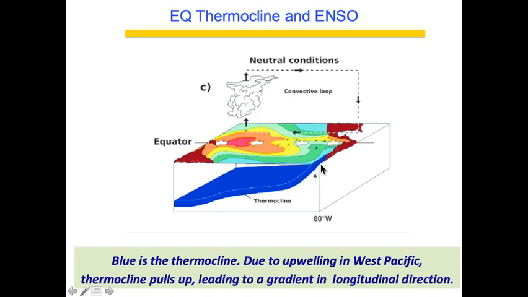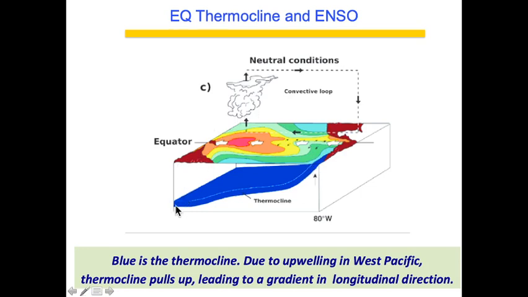A shallow thermocline created due to upwelling means that there is a lot of cold water in this region, because the upwelling has pulled the water from the bottom to the top, whereas with downwelling the surface water is going down. That means hot water is going down. So upwelling means colder water and a shallow thermocline. Downwelling means warmer water and a deep thermocline.